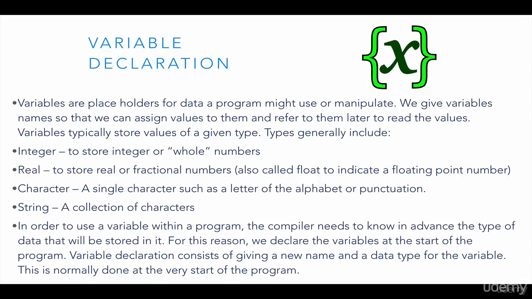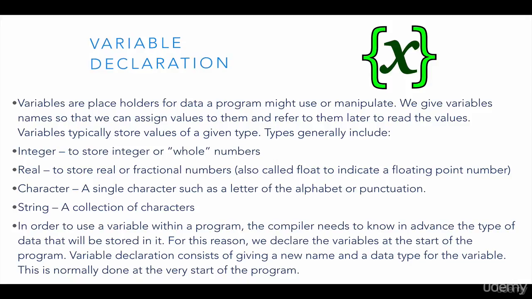And second, we should give our variable a name, and then we can assign a value to it, or we can just declare it, and then someplace in the code, assign a value to that variable. I will be talking about the variables later in the next section when we are actually coding in Java. In this section, I just want to give you an introduction to programming and the basic concepts of programming.